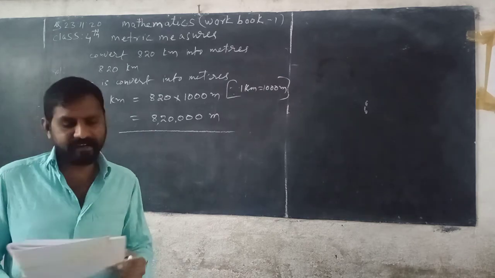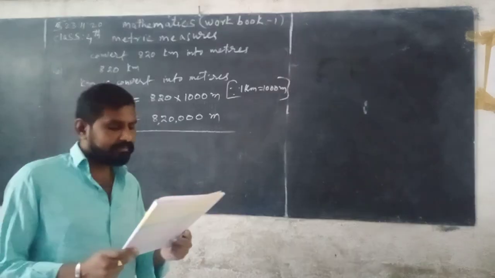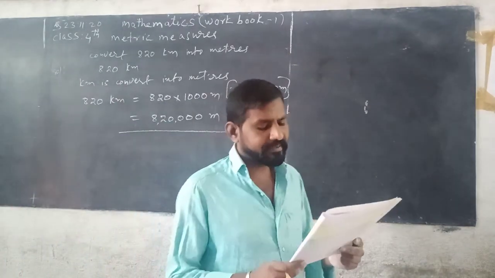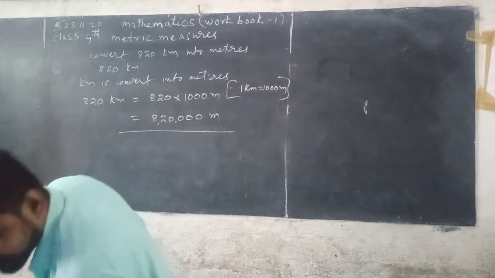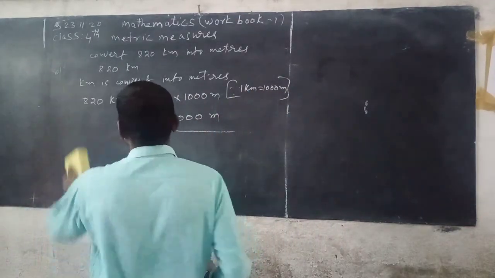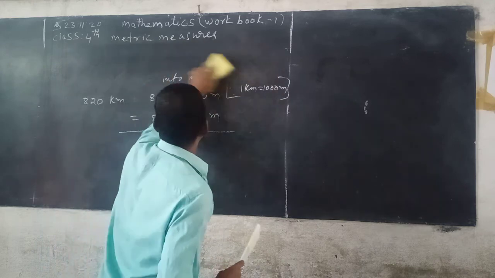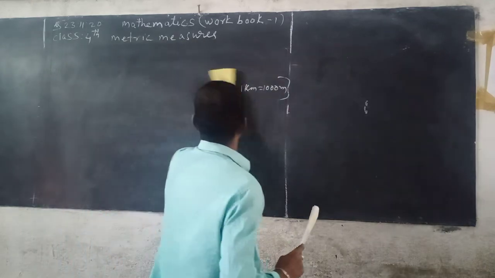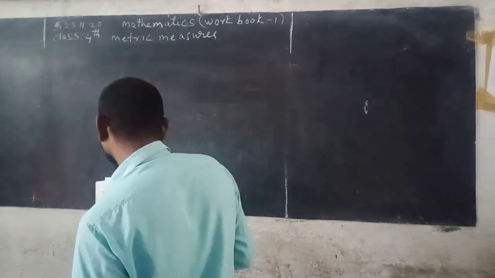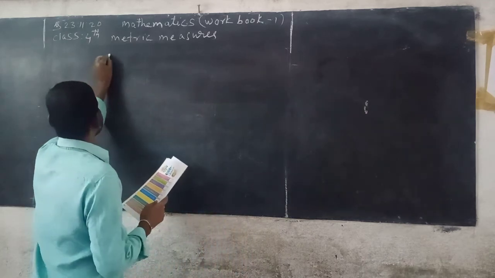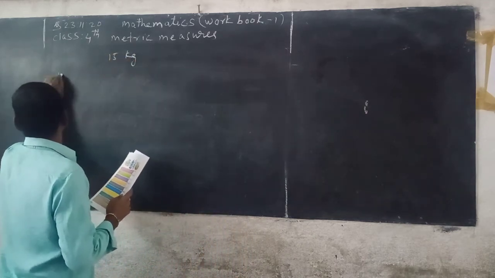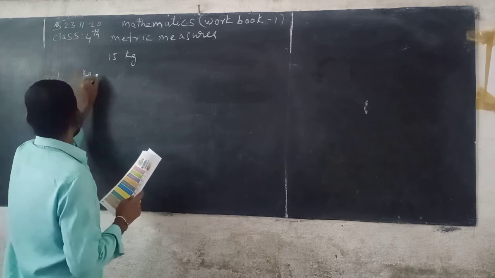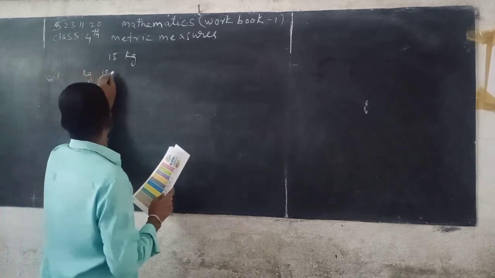See here, next one. A bag of wheat weighs 15 kg, kilograms, convert into grams. See solution. Kg is converted into grams.